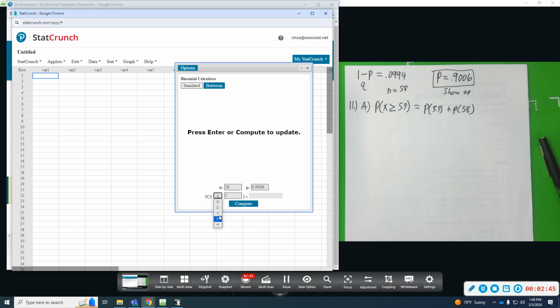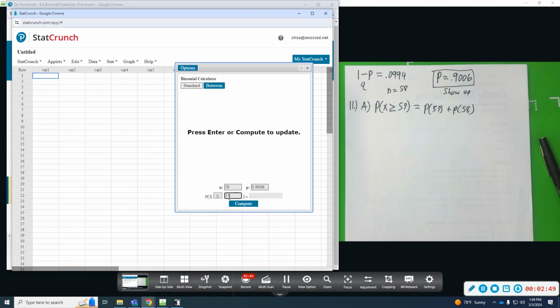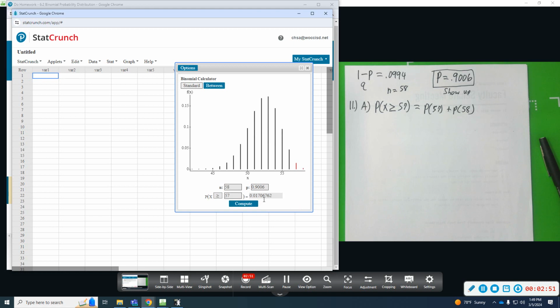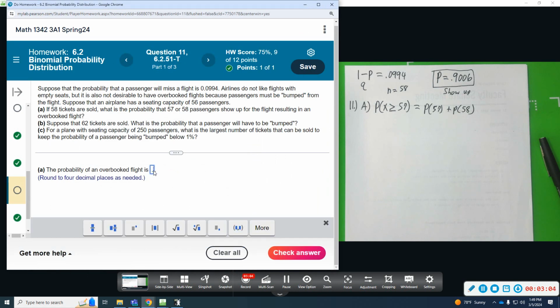And we want to know greater than or equal to 57. So this is going to count 57 and 58. So the chance that 57 or 58 show up is going to be 0.0171. Okay, I'm going to round it to 4 decimal places.